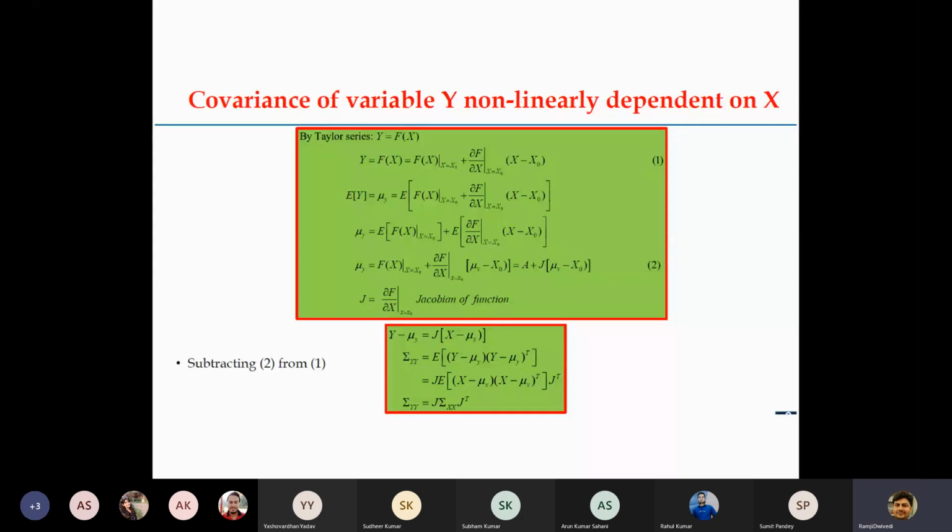It would be appreciated if you write the content in your notebook at the same time, because that would give you a little confidence that you are following the content, you know the expectation operator, you know the different variables. Okay.